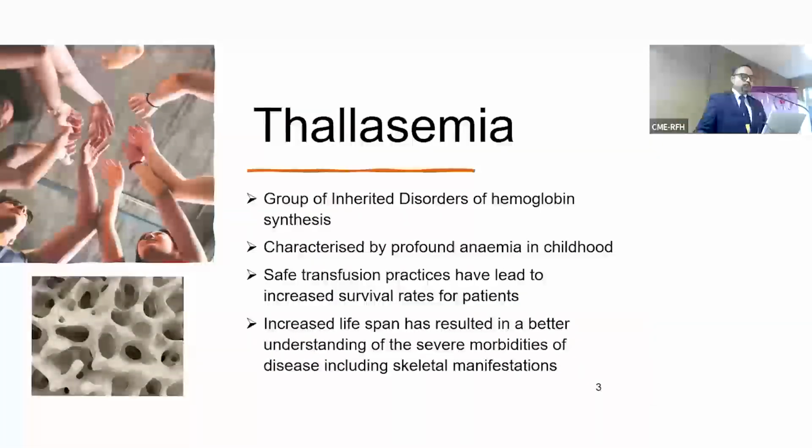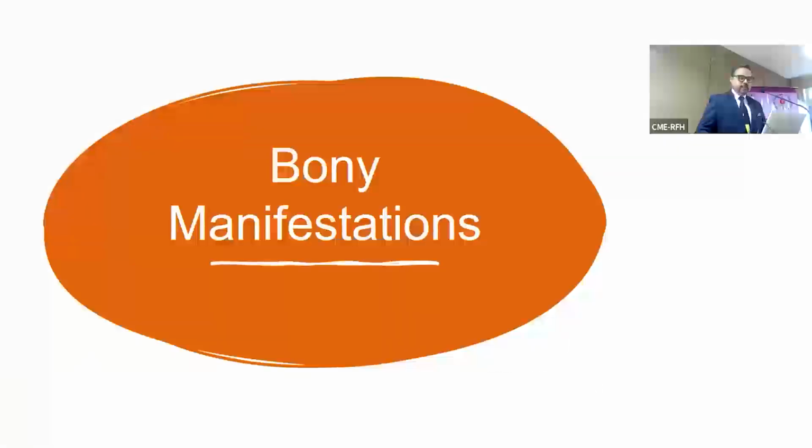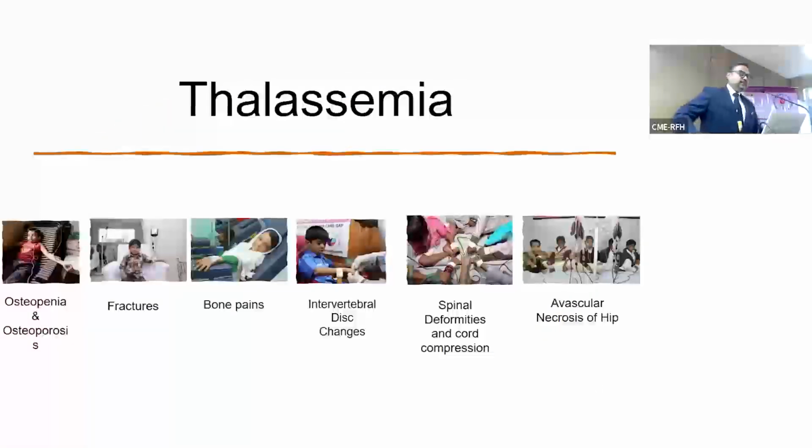So we know it's a group of inherited disorders. There is profound anemia. There are safe transfusion practices, and you've been the trailblazers as regards the treatment. And of course, we now see a lot of these children getting into adolescence and adulthood, unlike when I was doing my residency. Now, let's look at the bony manifestations.